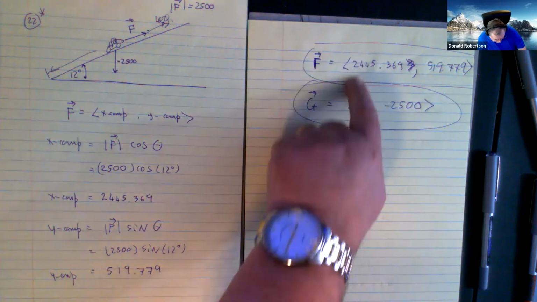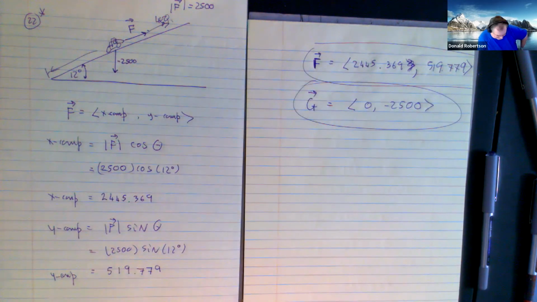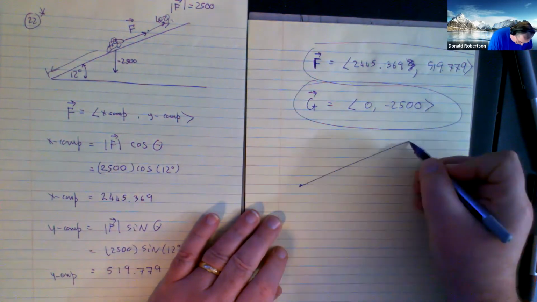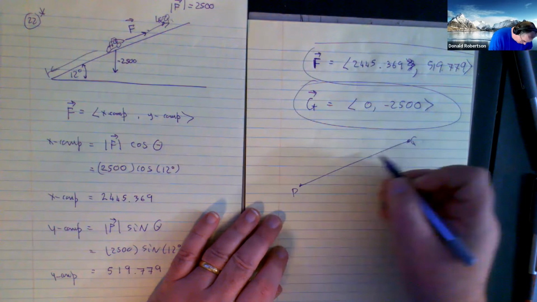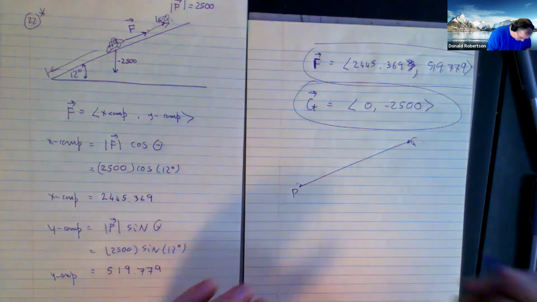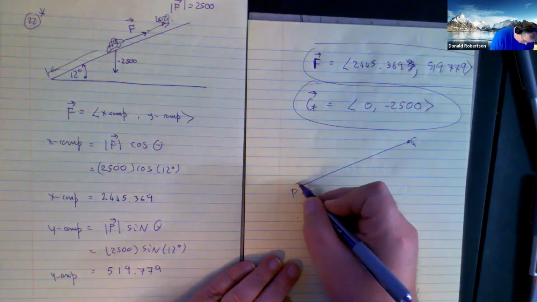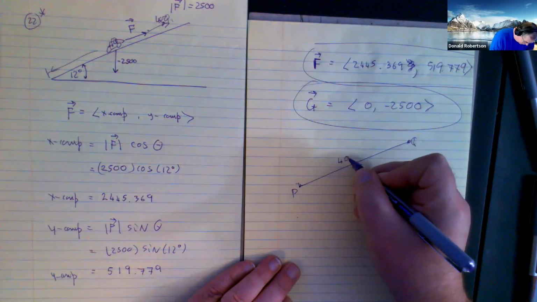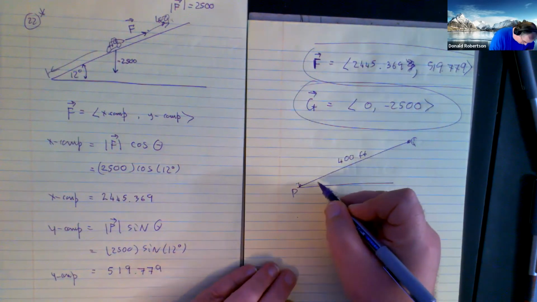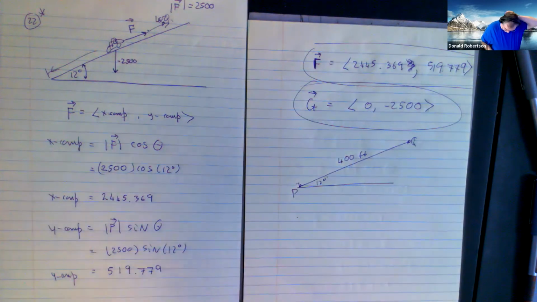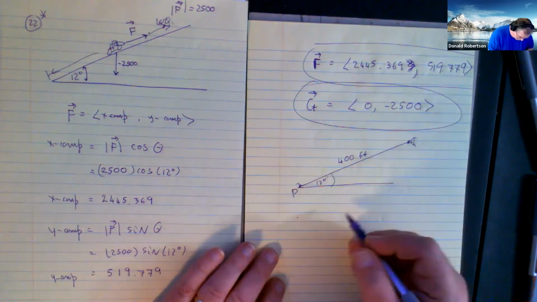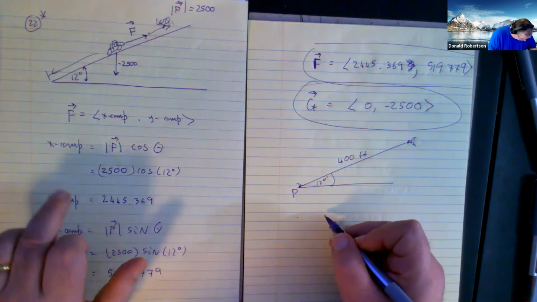This is not the distance moved. I started here and I finished here. So my distance fella is this fella. Oh, I gotcha. If you tell me that's 400 feet, and you also tell me that this guy here is 12 degrees, then shouldn't I be able to figure out what this vector is by just simply doing another one of these?